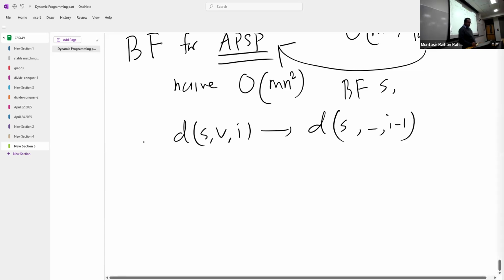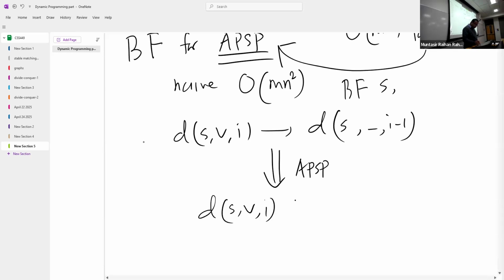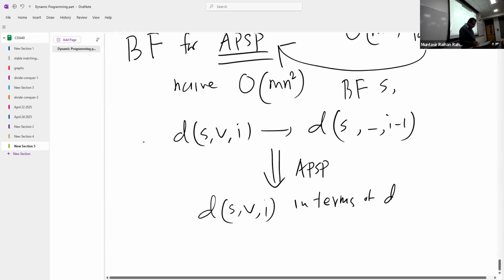Now from here, if you want to do all pair shortest path, what we're going to do is find the distance from any source to any vertex with i hops in terms of d from any vertex to any other vertex using half the path length. Okay, now can I do that?